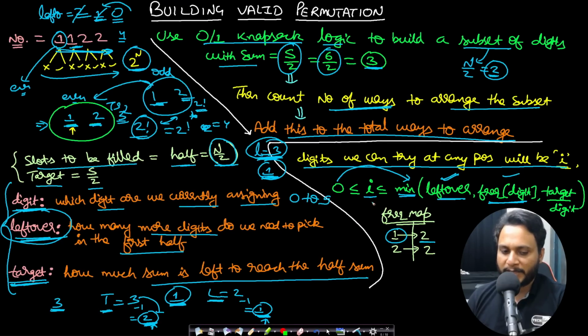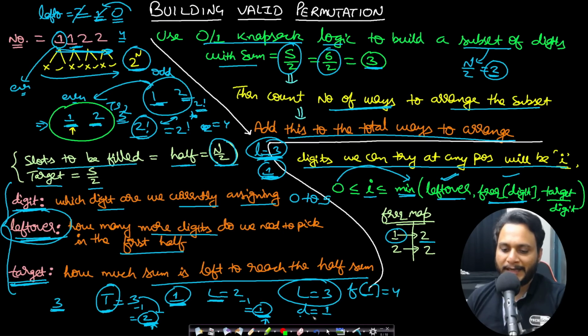Now let me ask you one more thing. Let's say that the target value was 2, the leftover was 3, and let's say you are trying to include digit 1. The leftover was 3, the frequency of 1 was equal to 4, and the digit was equal to 1. So if the target was equal to 2, then how many times can you include 1?